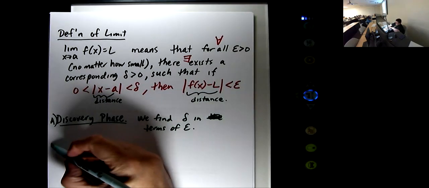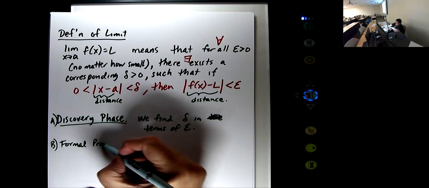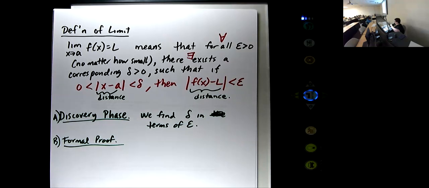Then B, we go through the formal proof. You're going to find when you're doing this, if you try one out, it's kind of like working forward and then working backwards.